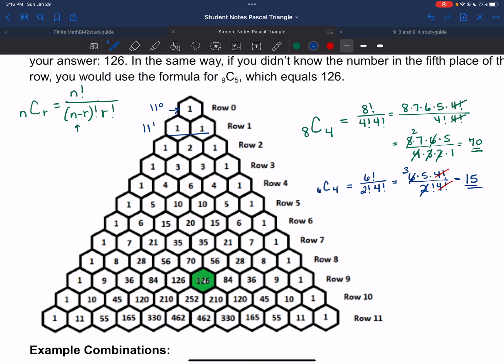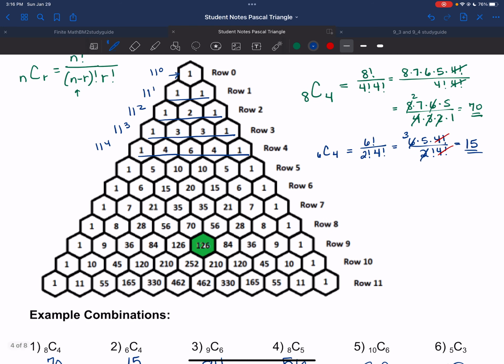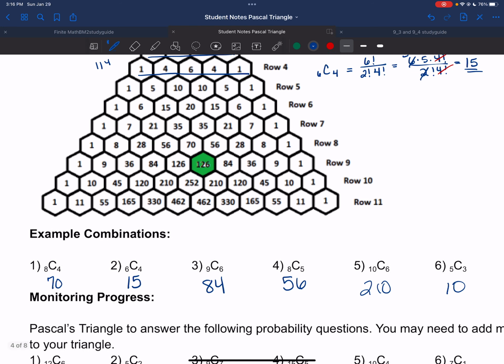So 11. 11 times 1 is going to be 11, right? 11 to the first power. 11 squared is 121. 11 to the third is 1,331. 11 to the fourth, 14,641. So those powers of 11 exist as those numbers appear.